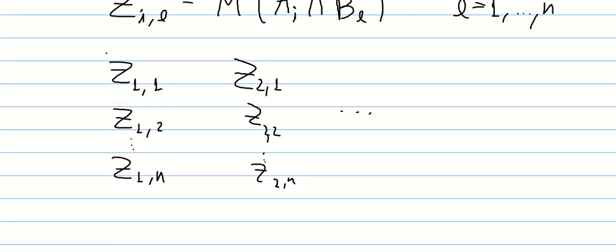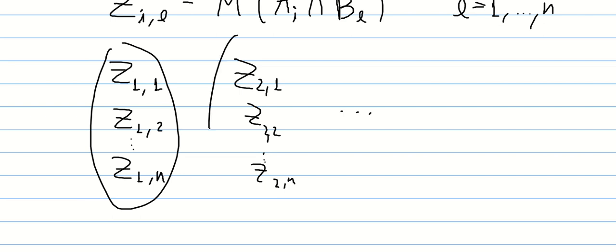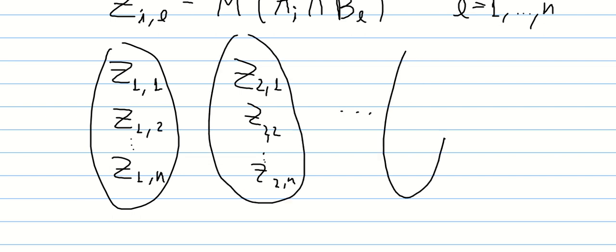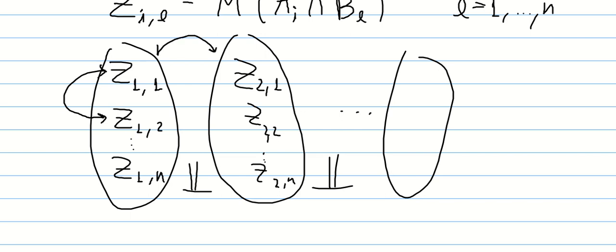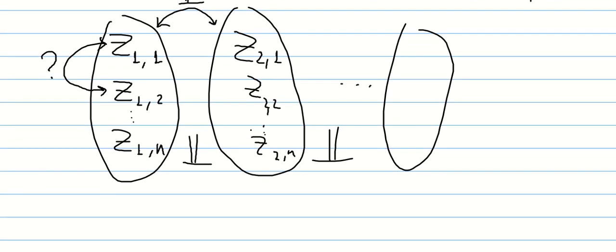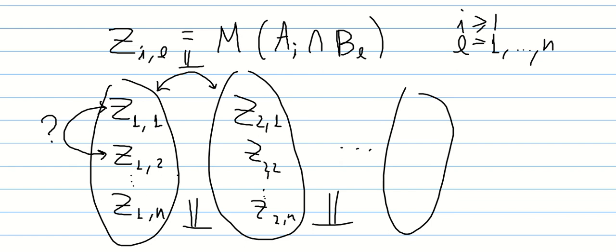So it means that these are independent vectors. This is independent from this, is independent from this, and so on and so forth. Now I ask myself what happens inside, because it's not clear that this is independent of this. We know that this is independent of this. But what about these ones? So let's focus on one of these vectors, right?